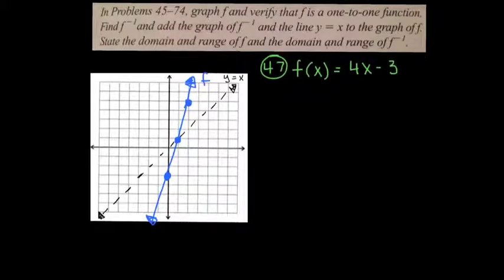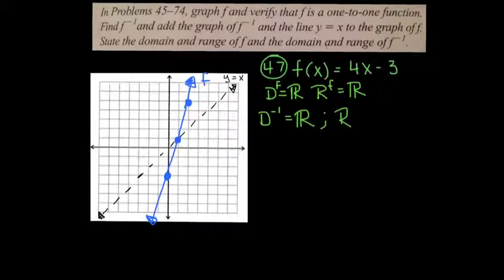Again, you could look at the graph or the equation to see that the domain of the function f is all real numbers. The range of the function f is also all real numbers. Switching those for the domain and the range of the inverse, the domain of the inverse is simply the range of the original, so that will be all real numbers.